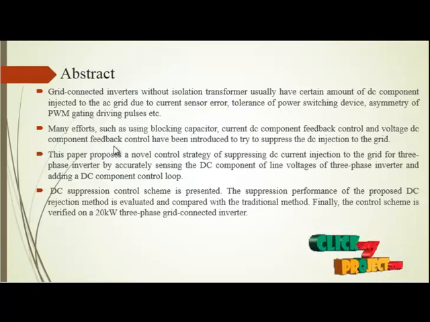The suppression performance of the proposed DC injection method is evaluated and compared with the traditional method. Finally, the control scheme is verified on a 20 kilowatt three-phase grid connected inverter. So we can suppress our DC current injection, as evaluated in the analysis process.